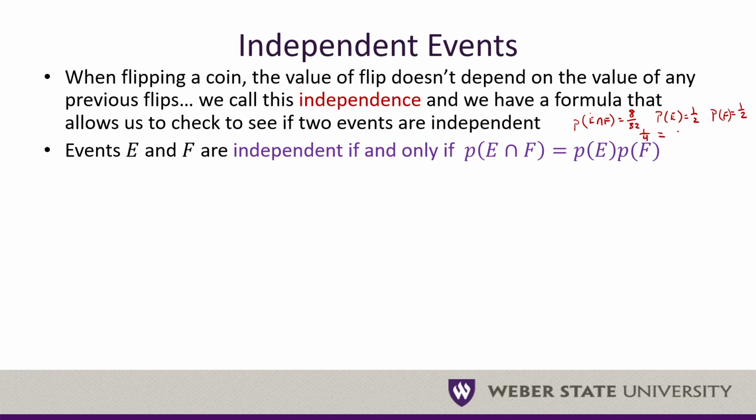The question is, does that equal 1/2 times 1/2? And since it does, we would say that the probability of having an odd number of tails is independent of whether the first flip is a head or not. So that's the idea that we're trying to get here.